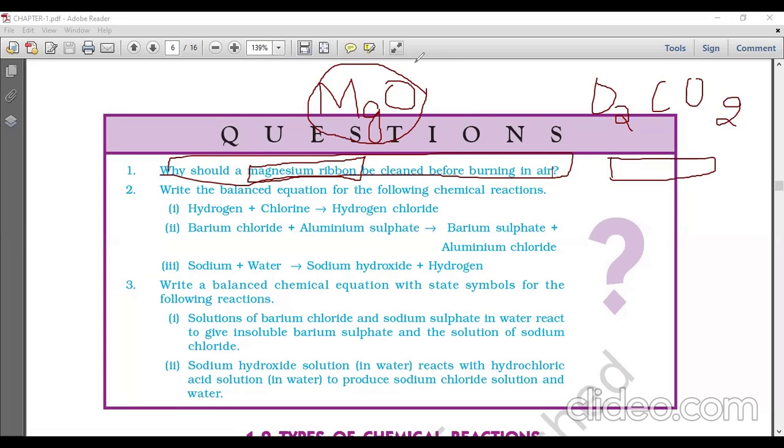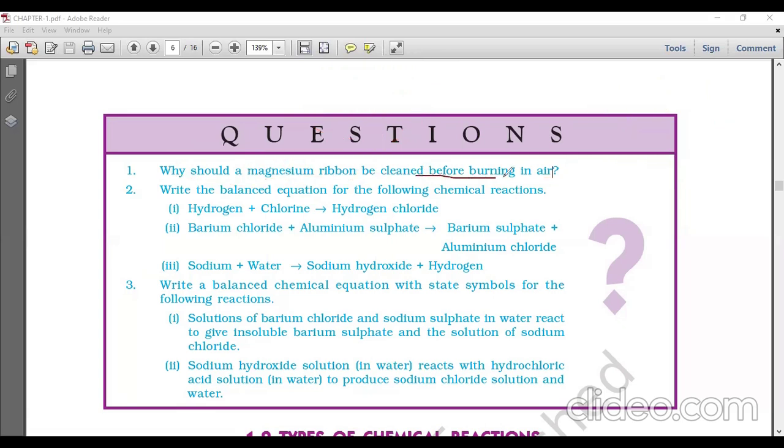That is why we should clean it before burning in air. Also, one more advantage is that it will burn smoothly. That is the answer for the first one.